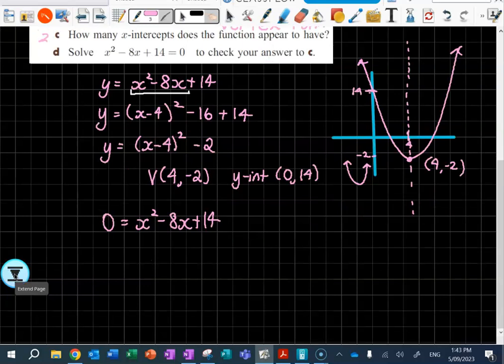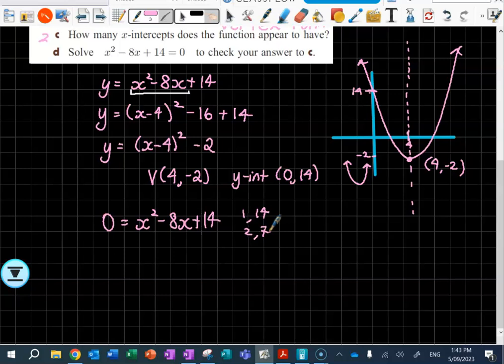I could go quad formula. What else could I do? Try and factorize, right? I spend a little bit of time. What are the factors of 14? 1 and 14, 2 and 7. It doesn't look like that's going to give me 8. Right? So I've got a choice. I can go quad formula.